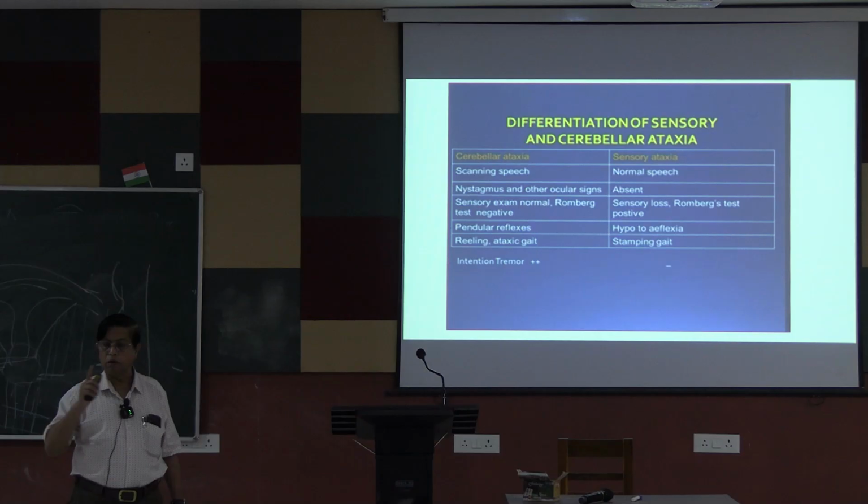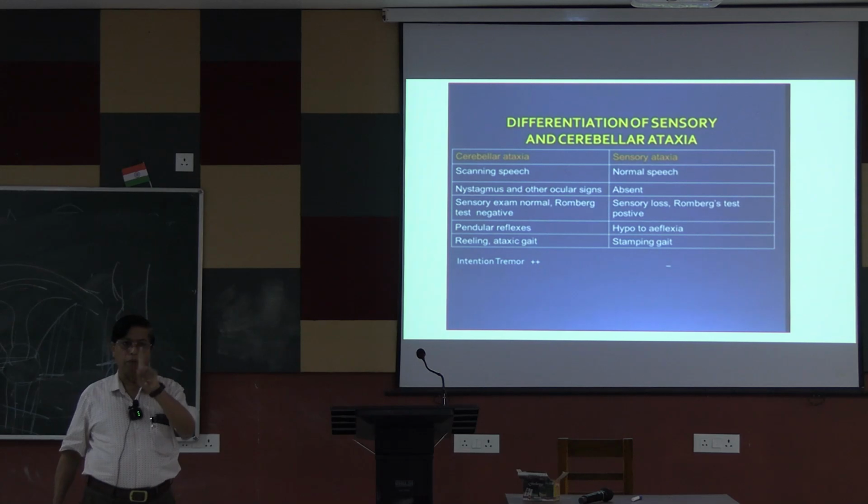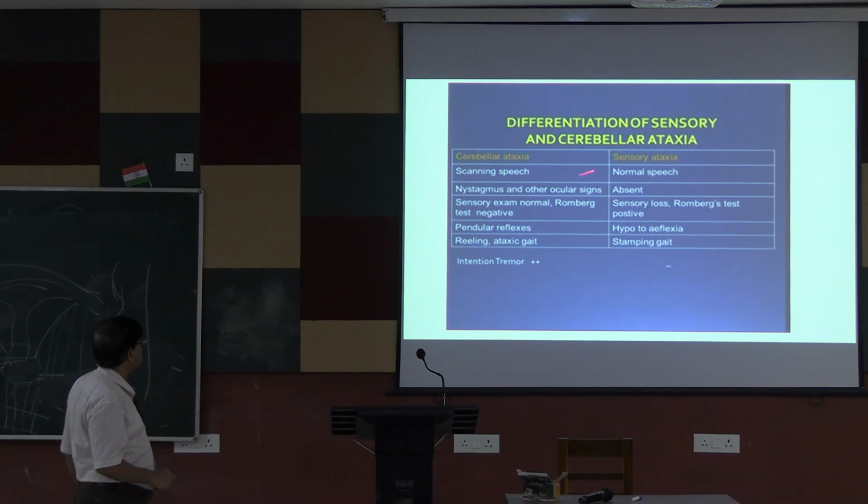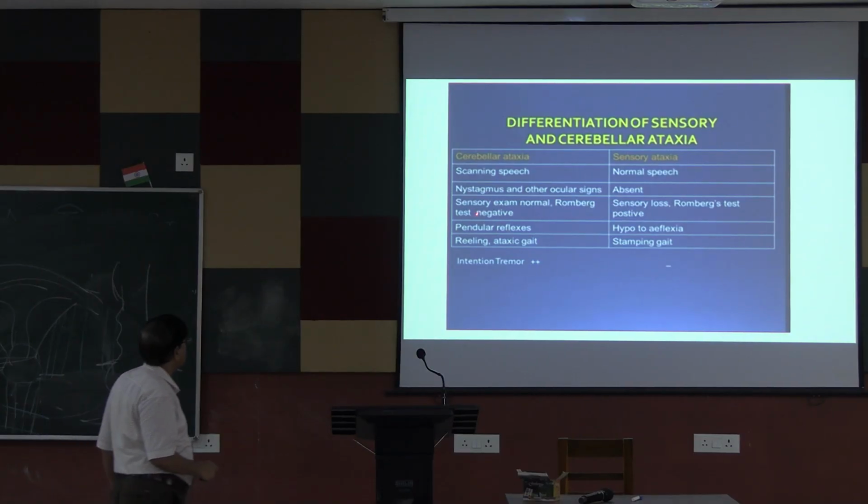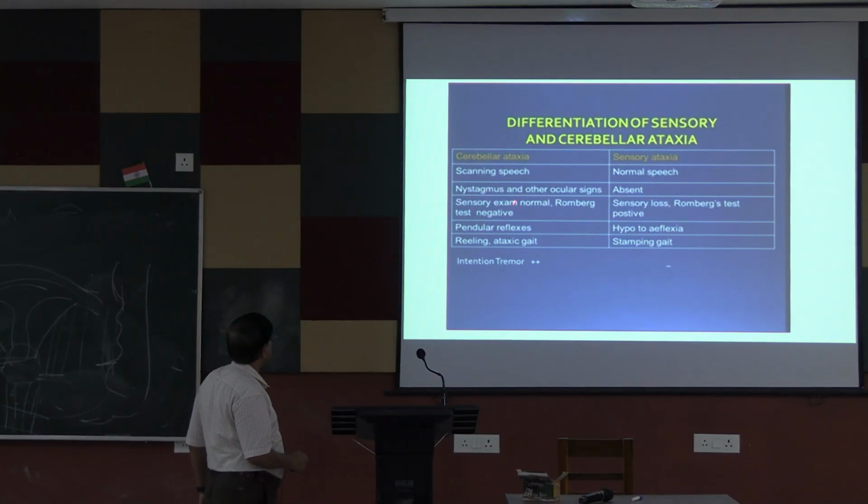If you tell the patient to look to the lateral side, left or right, the patient will have an oscillatory movement in the eyeball. That is called nystagmus. But this nystagmus is absent in sensory ataxia, in posterior column lesion. In cerebellar lesions, sensory examination is normal and the Romberg sign test is negative. But in sensory ataxia there may be sensory loss and the Romberg sign is positive.